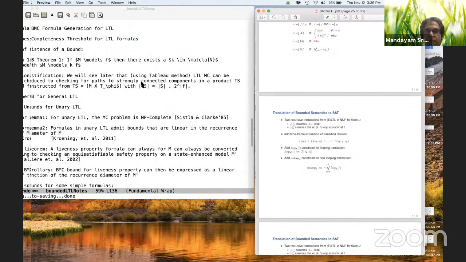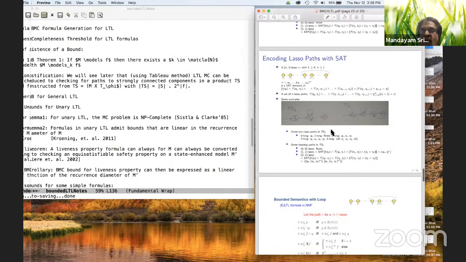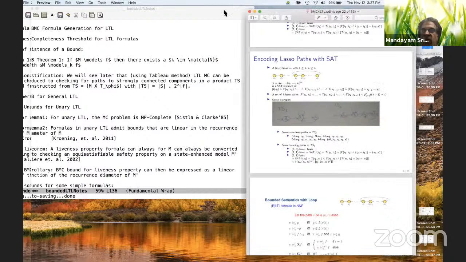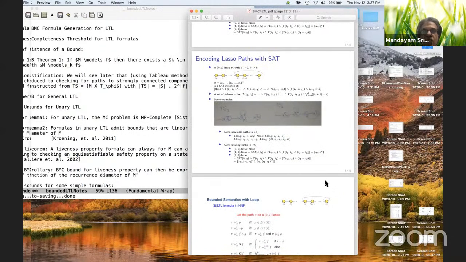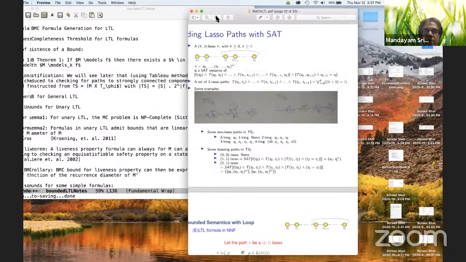so let's take this. It's maybe too small, slightly bigger.